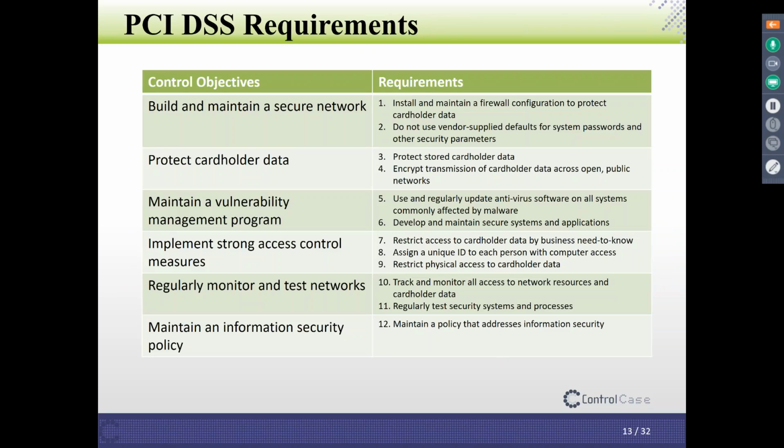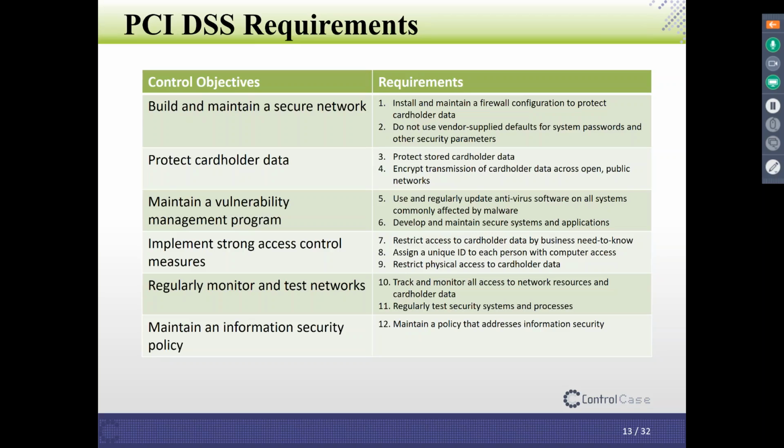The PCI DSS requirements span across 6 high-level areas and 12 sub-requirements. The high-level areas are, number 1, ensuring that the network is secure. As I mentioned, it includes making sure the configurations are good, you have a DMZ, firewalls are being looked at in an appropriate manner.